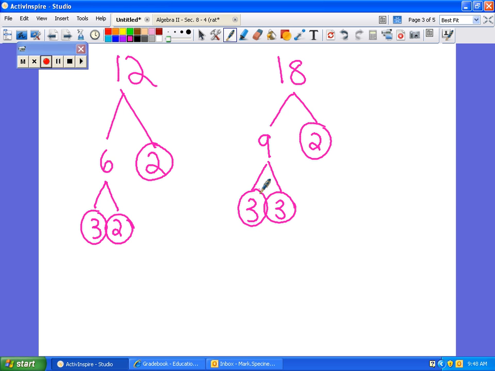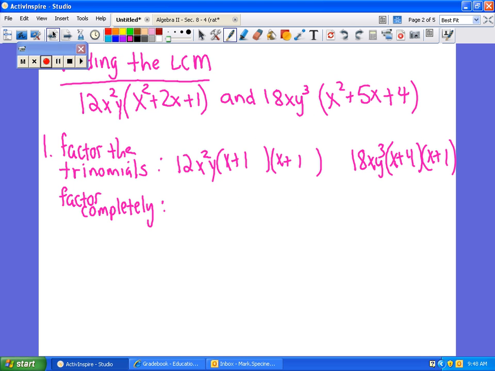Okay, so we get our prime factors, and then we're going to rewrite just the number parts. So my 12 was 2 squared times 3, and then everything else down.